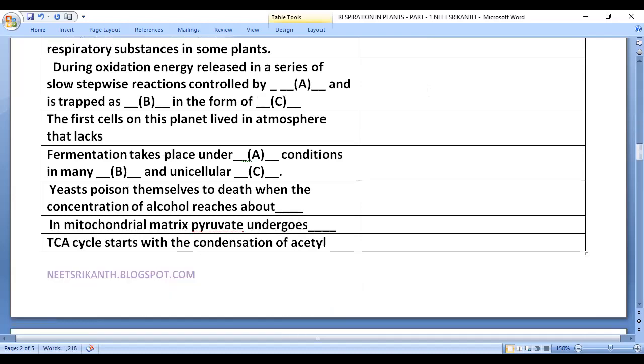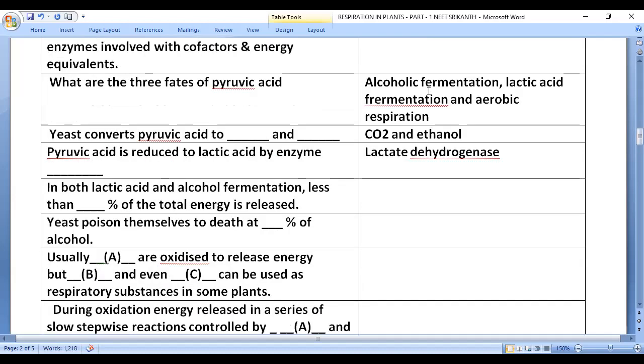In both lactic acid and alcohol fermentation, less than 7% of total energy is released. Yeast poison themselves to death at 13% alcohol.